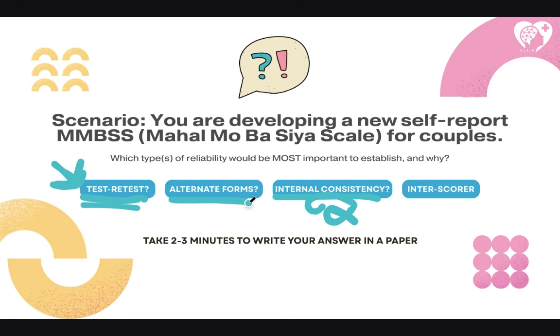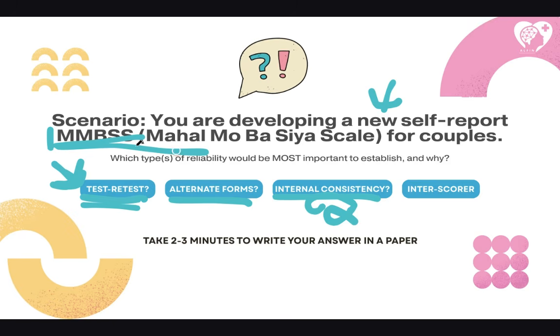Now, alternate forms could be optional but it's too advanced already. Why? Because you're still developing a new self-report, meaning it doesn't exist yet, in a sense. It doesn't exist yet, you're still making a new scale. So you only do alternate forms if you're trying to make another version of an existing scale that measures couples' love for each other.